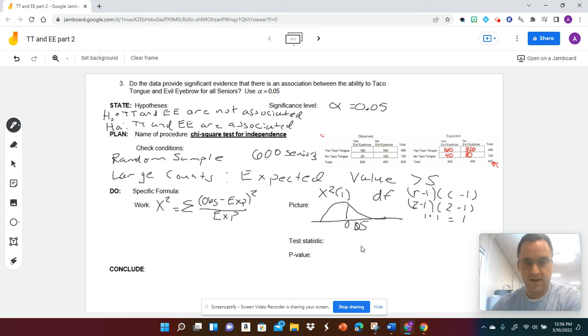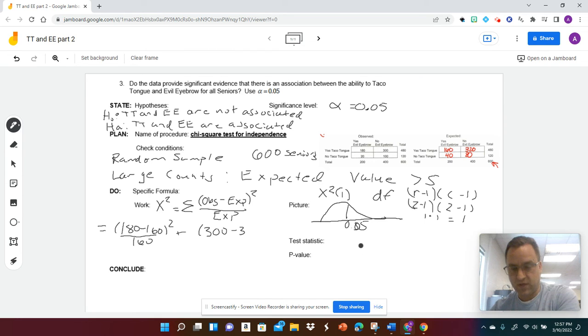So our work now to calculate the statistic, chi-squared is going to equal: we have our observed 180 minus 160. We square that and then divide that by the expected, which is 160. Moving on to our next cell, we have 300 minus 320, squared, over 320.